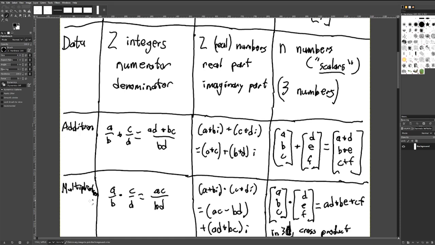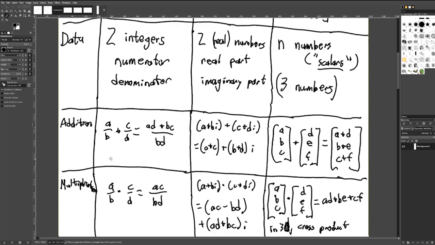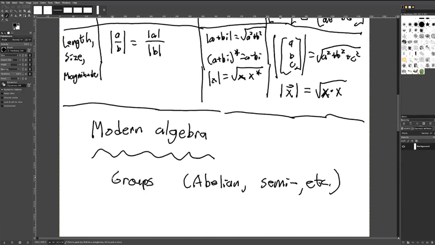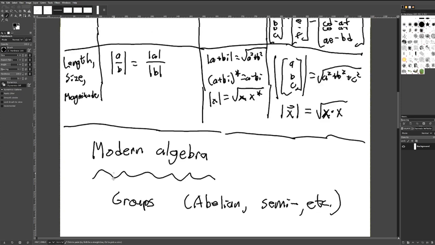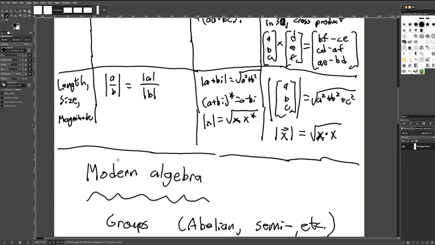And the nice thing about doing that is that once you write some code that adds things, if the way that it adds them is by saying, oh, these things are part of a group, therefore I can add them, then you can use that code anytime you have a new thing.